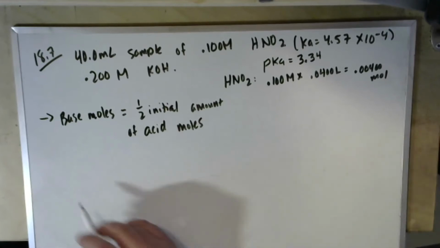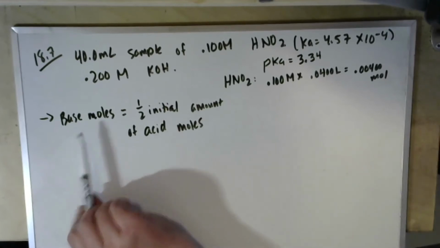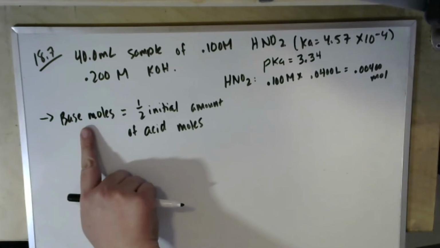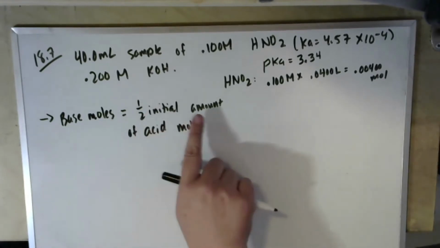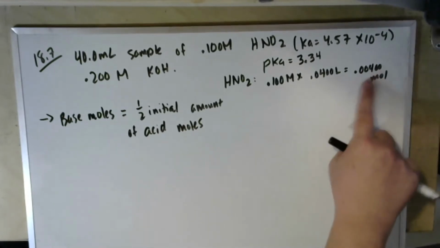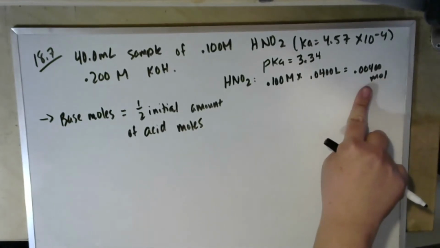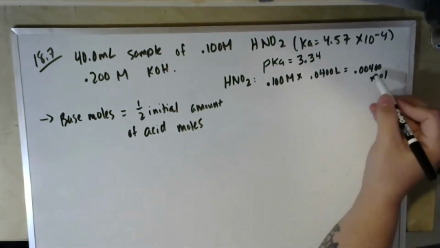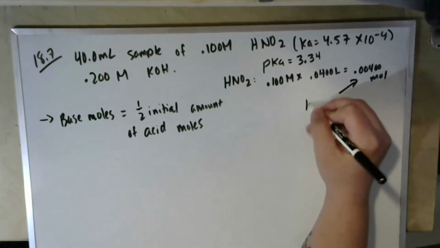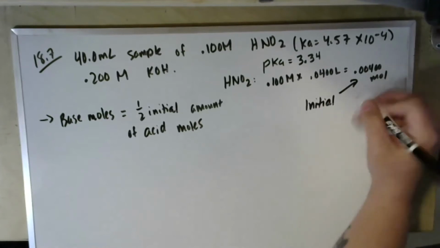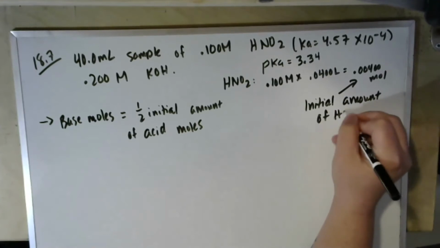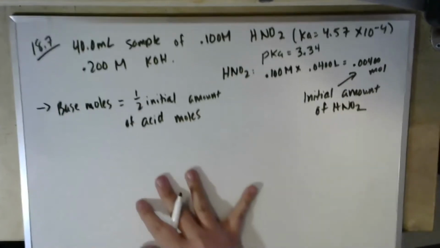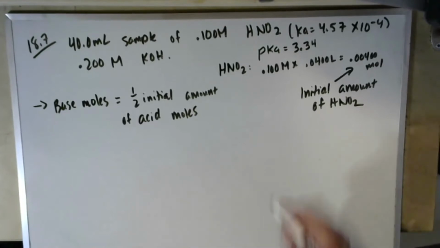So in this case, we add enough moles of hydroxide ion so that it's half the mole value of the nitrous acid that we started with. Okay, so our initial amount of HNO2 is 0.00400 moles.